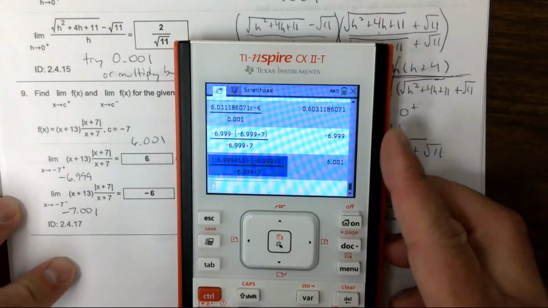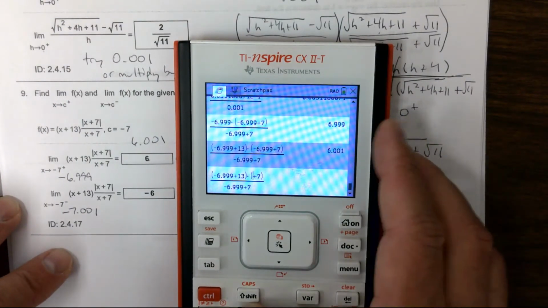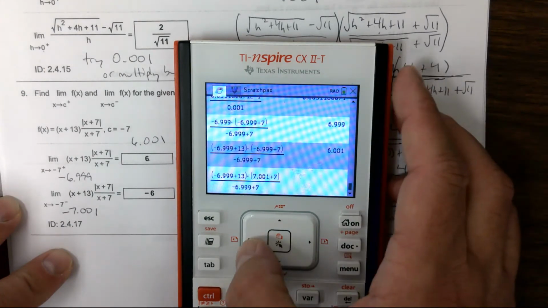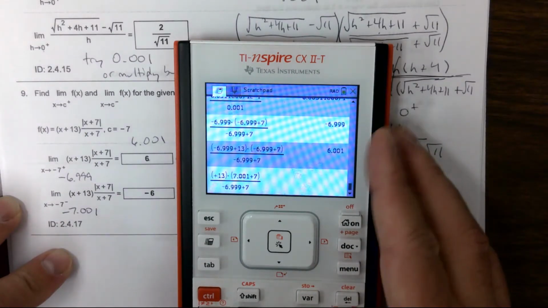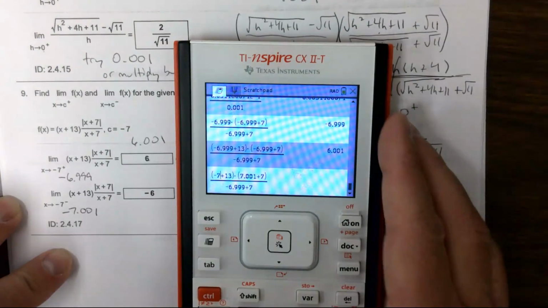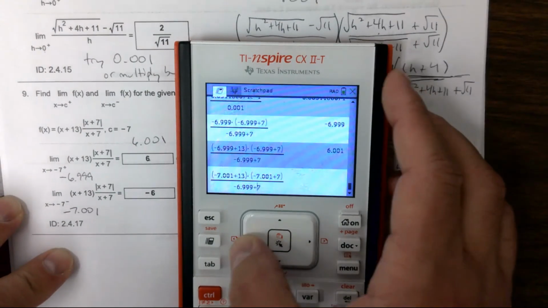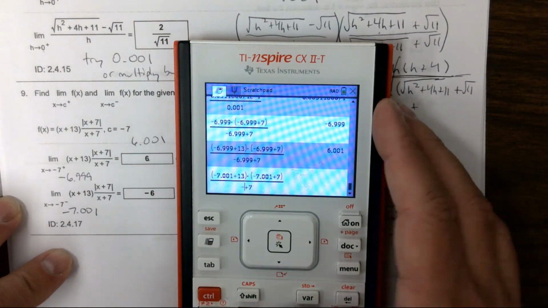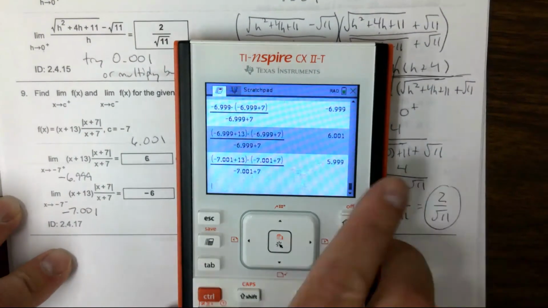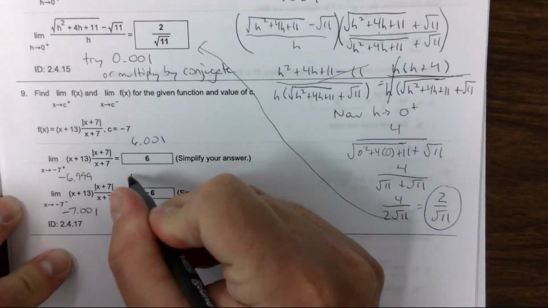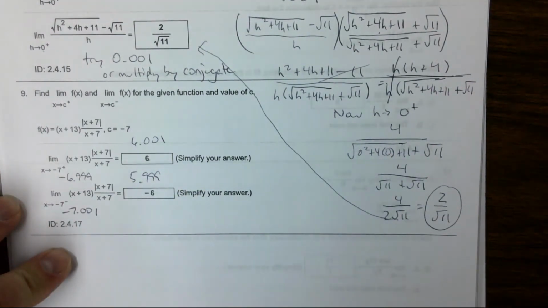Basically change all the nines to 7.001. But that does need to be a negative 7.001. Okay, that gives us 5.999.